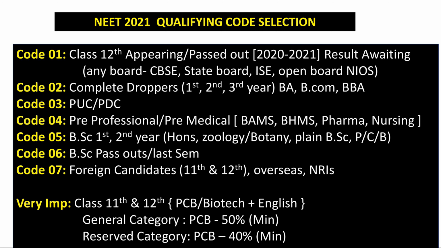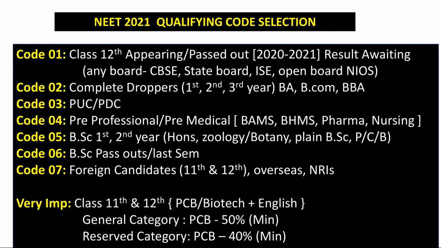Even those students who are doing their college, maybe in the first year, second year, or third year, and those students who are doing a BA or a BCom or a BBA, because these are actually commerce streams, so they don't fall into a non-medical stream. These types of students should opt for code 02.